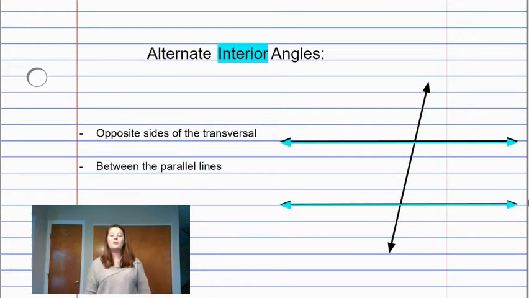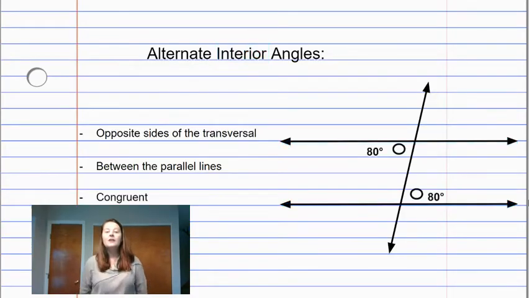Interior, we look at our parallel lines. Interior means between those parallel lines, kind of like a sandwich. What is inside of the sandwich? Alternate interior means inside, okay? And the angle measures are congruent.